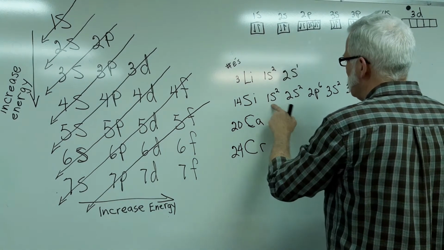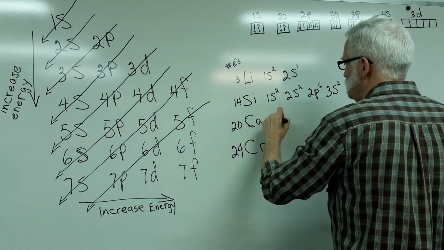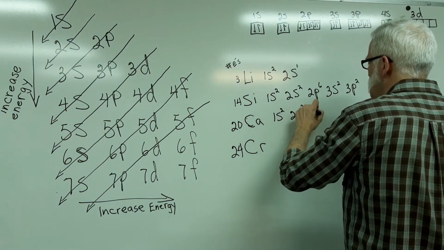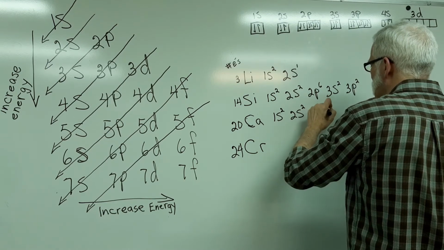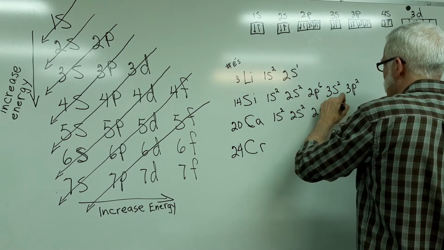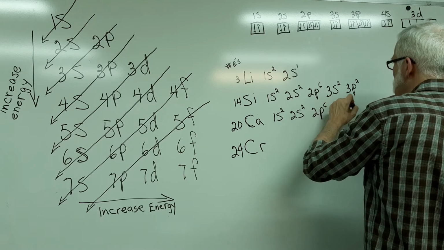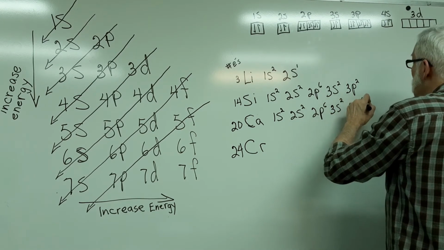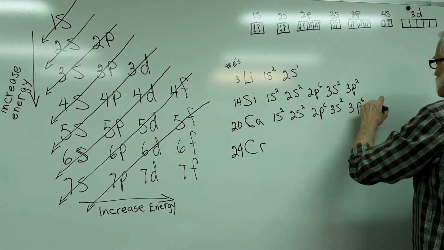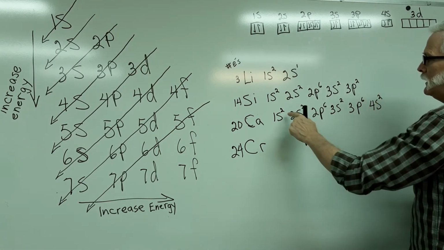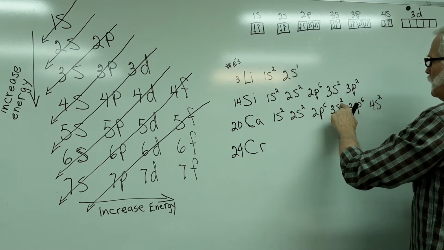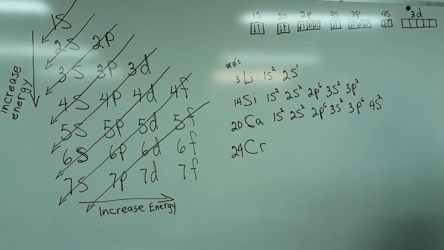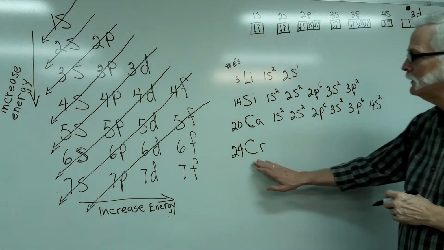So that means our electron configuration is 1s2, 2s2, 2p6, 3s2, 3p6, and 4s2. 2, 4, 10, 12, 18, 20.